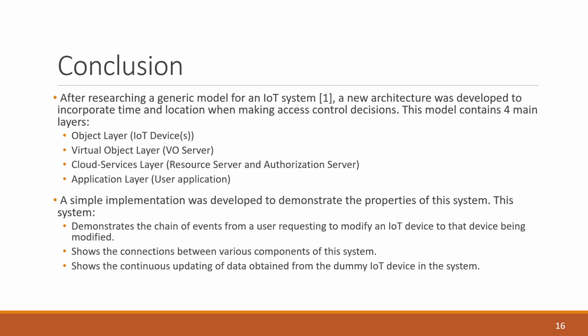We created a simple implementation to demonstrate the properties of this system, demonstrating the chain of events from a user requesting to modify an IoT device to that device being modified. It shows the different communications between the various components in the system and shows how the IoT device can continuously update the resource server with sensor data, its current state, things like that for long-term storage.